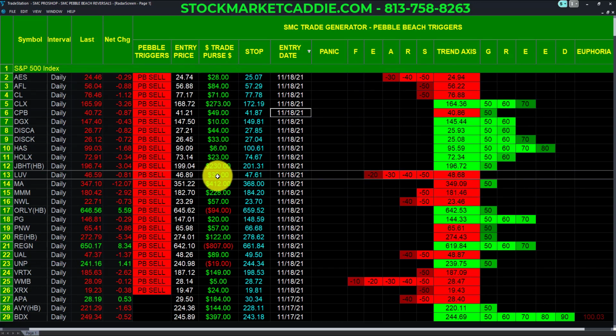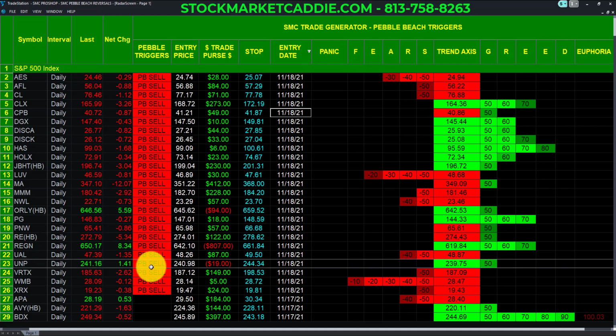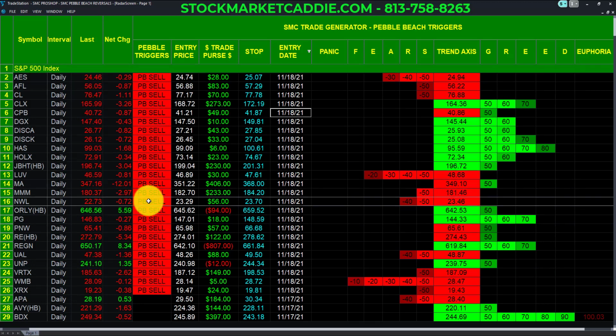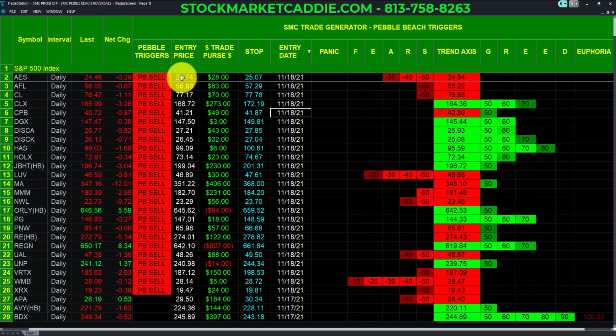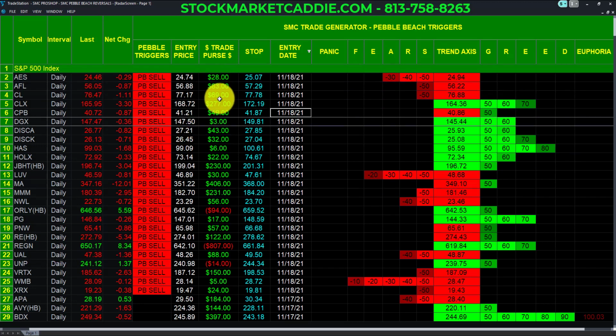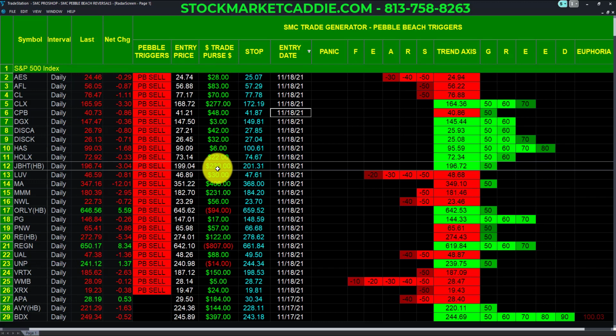Okay. This signal is a highly probable candle formation, a reversal formation. That's basically what it is. It alerts you to when it's happening real time. It gives you the entry price. It immediately starts calculating the purse based on the amount of money you're trading.